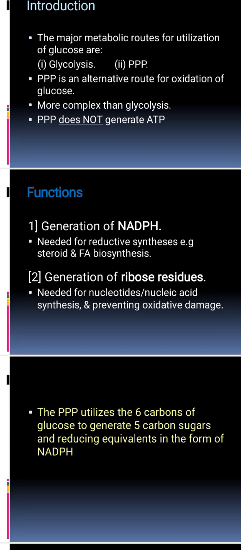The ribose will be needed for nucleotide and nucleic acid synthesis, and also it will prevent oxidative damage. So the ribose in general has two major functions. It will be needed for nucleotide and nucleic acid synthesis, and it will prevent also oxidative damage.